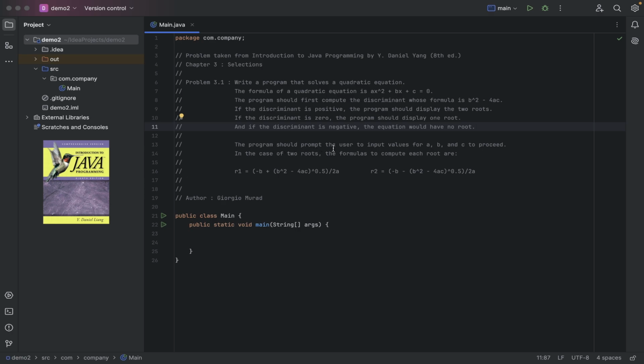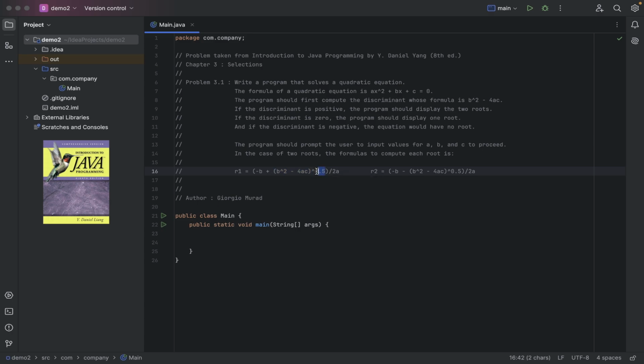The program should prompt the user to input values for A, B, and C to proceed. In the case of two roots, the formulas to compute each root is R1 equal minus B plus the discriminant, B squared minus 4AC, to the power of 0.5.